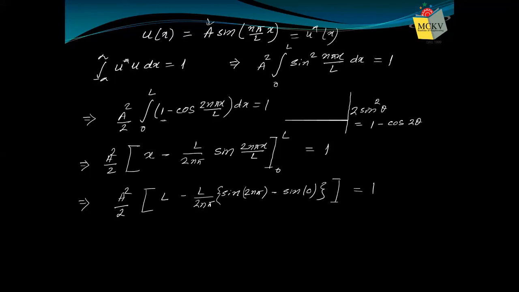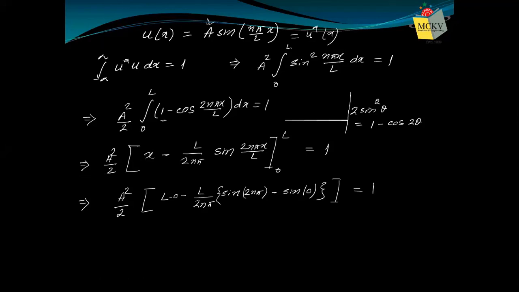Just observe. First I am putting the limiting value of x, that is x equal to L minus x equal to 0. Then I am putting the value of x in the sine term. So L by 2n pi sine x equal to L. L cancels out. So what remains is sine 2n pi minus, if I put x equal to 0, sine 0.